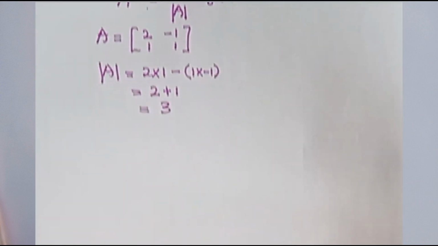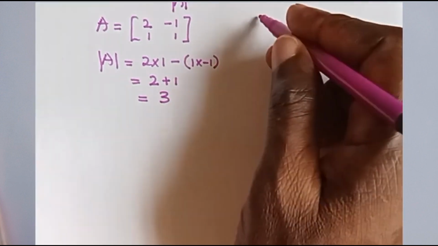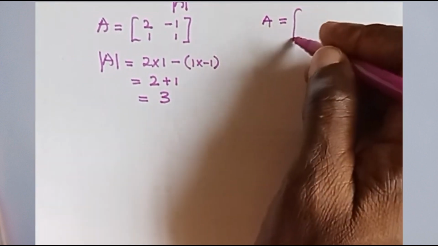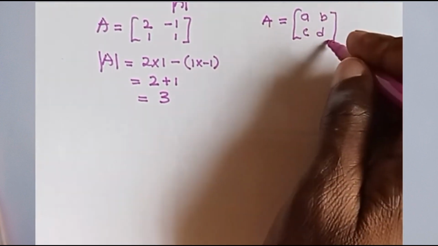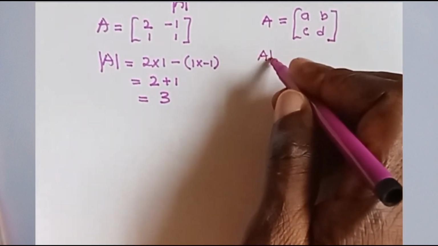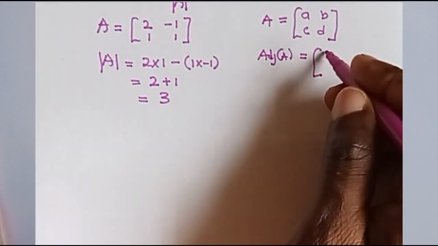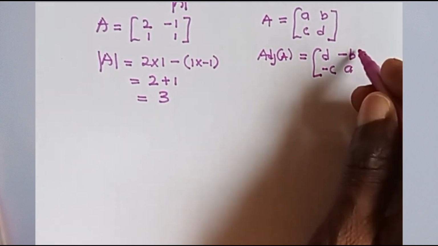The other element we need to get is the adjoint of A. So how do we get the adjoint of A? If A equals a, b, c, d, then the adjoint of A will give us d, minus b, minus c, a.